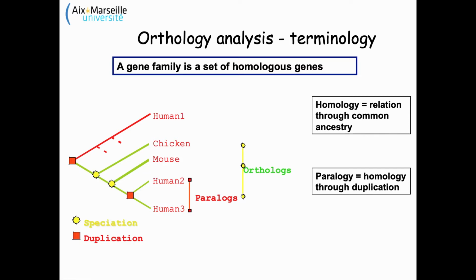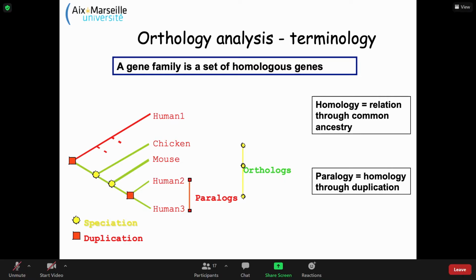Okay? So now my question is, human 1 and chicken, orthologs or paralogs? You write your answer in the chat. Did you see the chat, Tom?